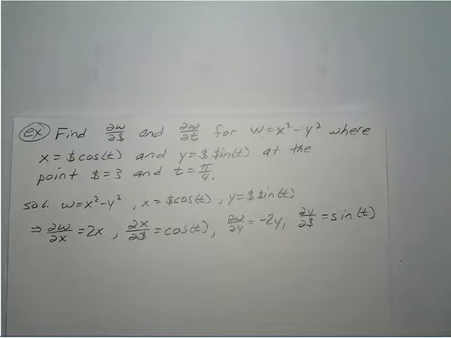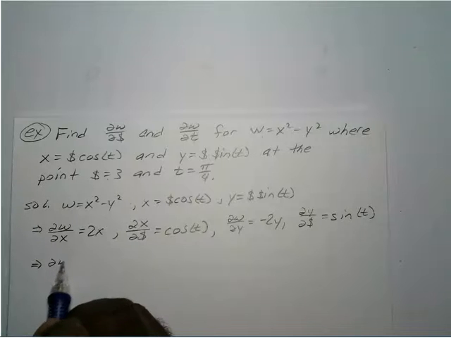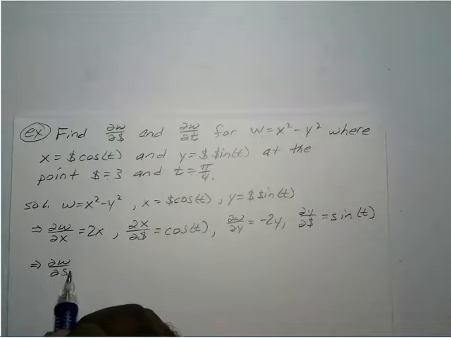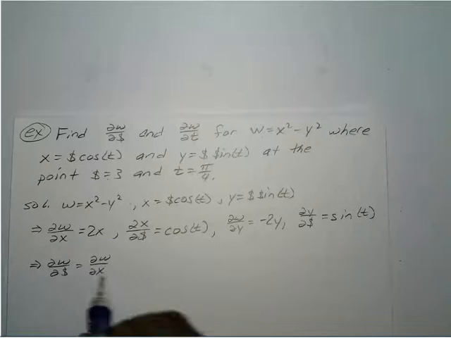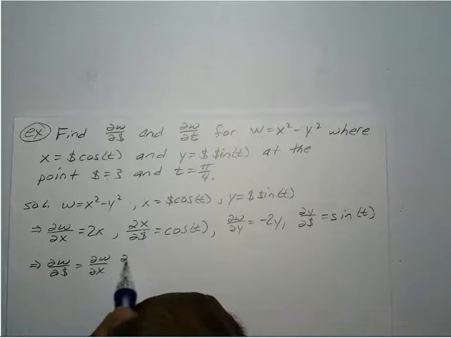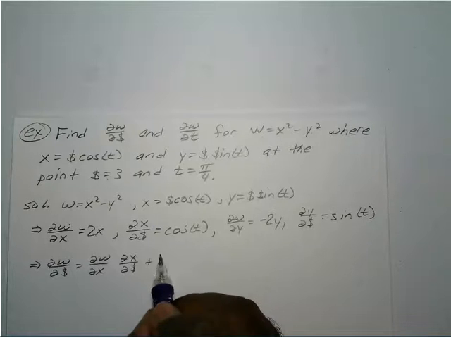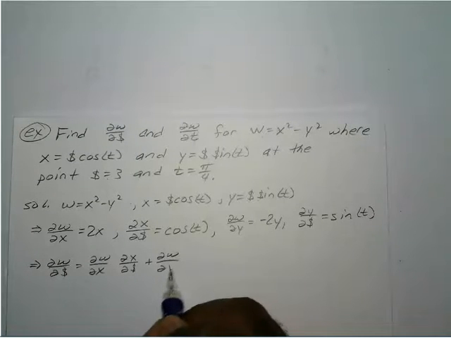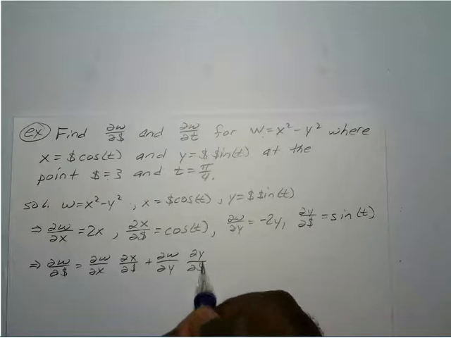Okay, so we have everything we need for our partial of w with respect to s. Okay, so partial of w with respect to s is equal to partial of w with respect to x times the partial of x with respect to s plus partial of w with respect to y times the partial of y with respect to s.